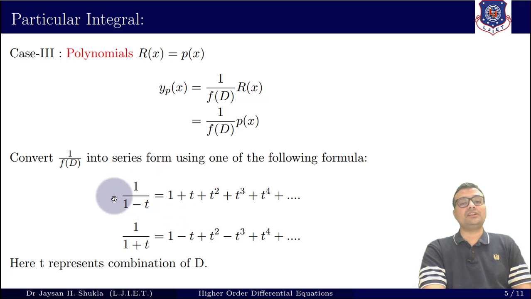This is nothing but the geometric series: 1 plus t plus t square plus t cube and so on, or 1 minus t plus t square minus t cube and so on. And then it depends on the highest degree of the polynomial to decide how many powers of t to consider. So we are not going to consider infinitely many terms of t. Ultimately it will terminate at a certain level, and that depends upon the degree of the polynomial. So let us go through examples to understand this technique more specifically.